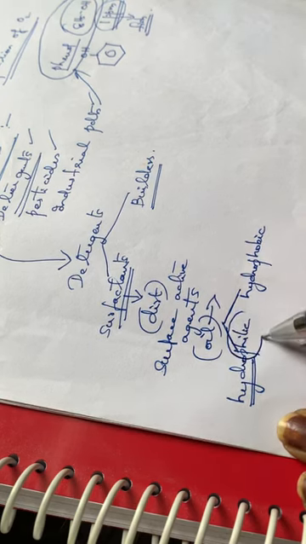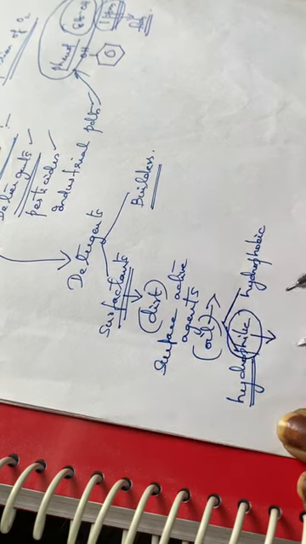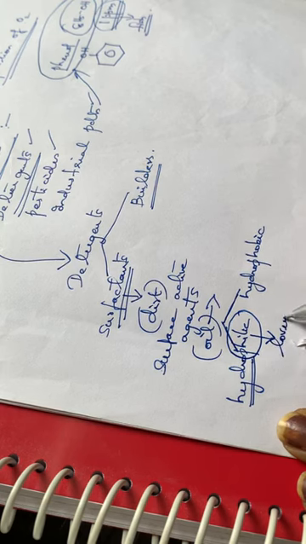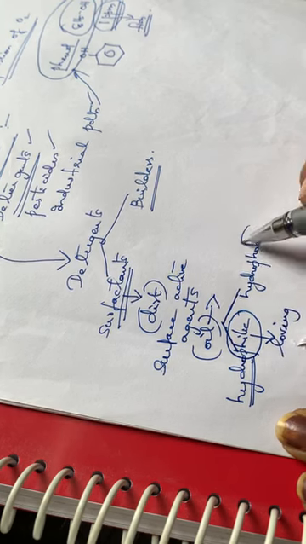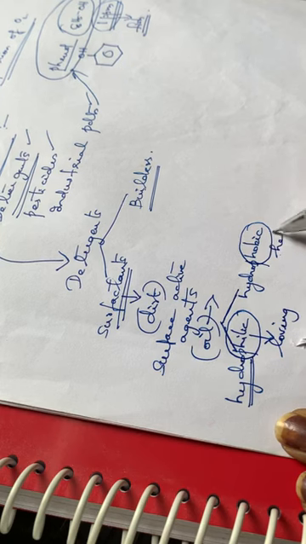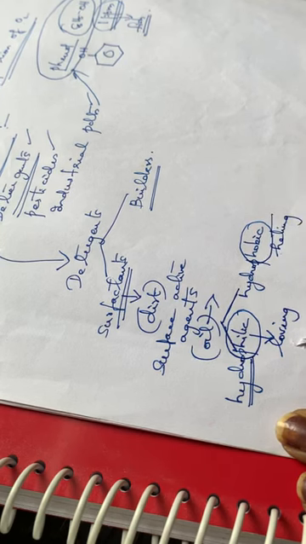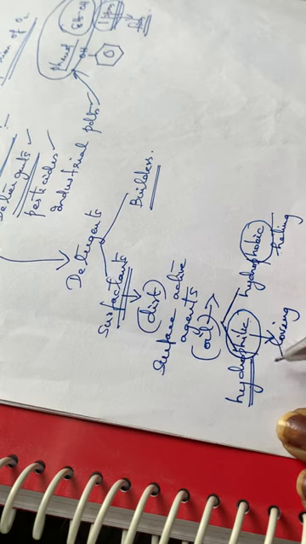Philic or philia means loving, and phobia means hating, isn't it? Philic part means loving and phobic part means hating. So hydrophilic means water loving. One part is water loving and the other part is water hating.